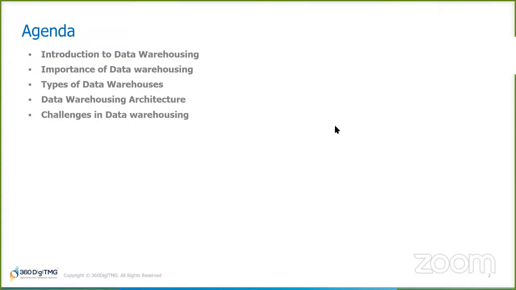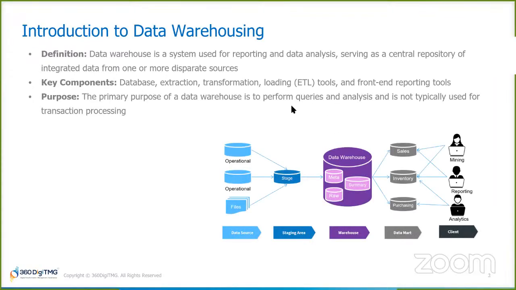Now let's look at a bit more detail on data warehouses. If you look back at our definition, we talked about heterogeneous data sources. What are these heterogeneous data sources? Right. This is our data source. Okay.